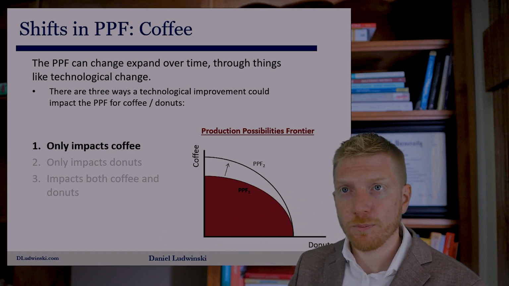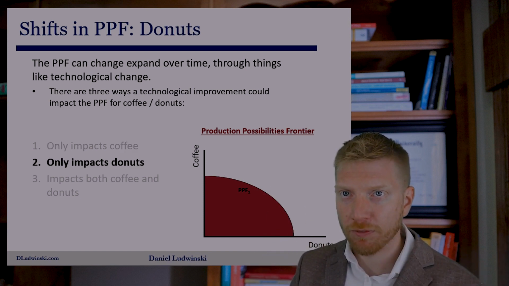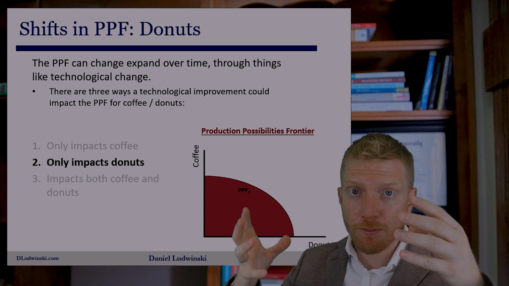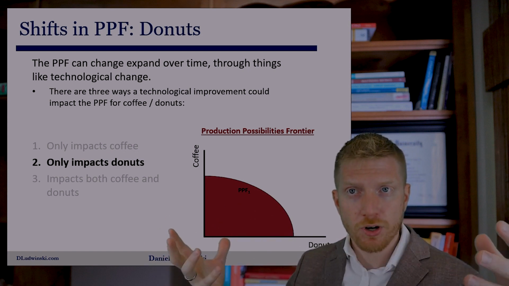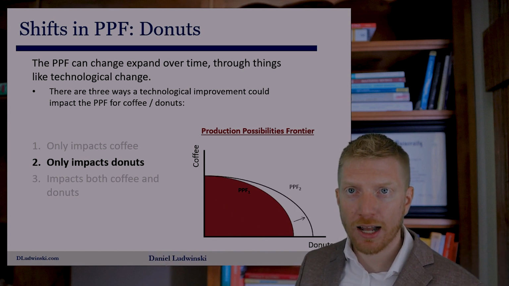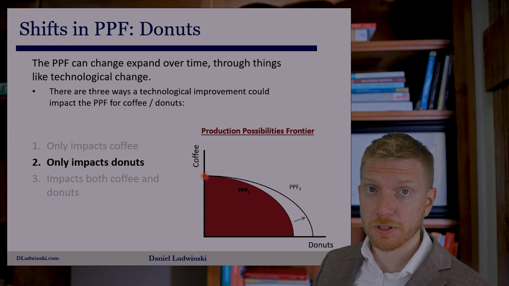So we can have a technological change that only impacts coffee. We could also have a technological change that made it easier to produce donuts but didn't do anything to coffee. How this would look is shifting it out to the right. And with this technological change, the only point that hasn't changed is the point where we're only producing coffee.